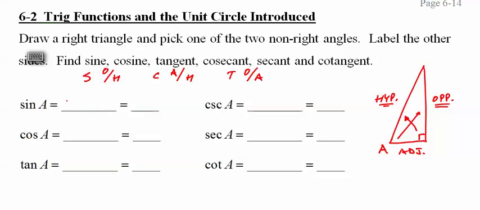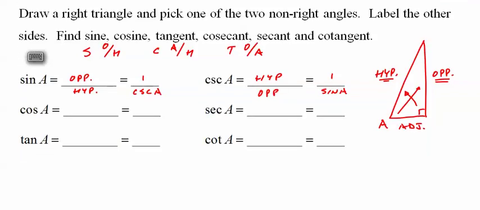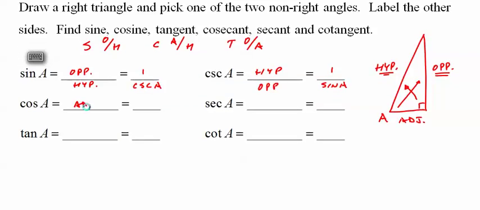Sine is opposite over hypotenuse. It's also 1 over cosecant. What's cosecant? Cosecant's 1 over sine, which is hypotenuse over opposite. Cosine's adjacent over hypotenuse.